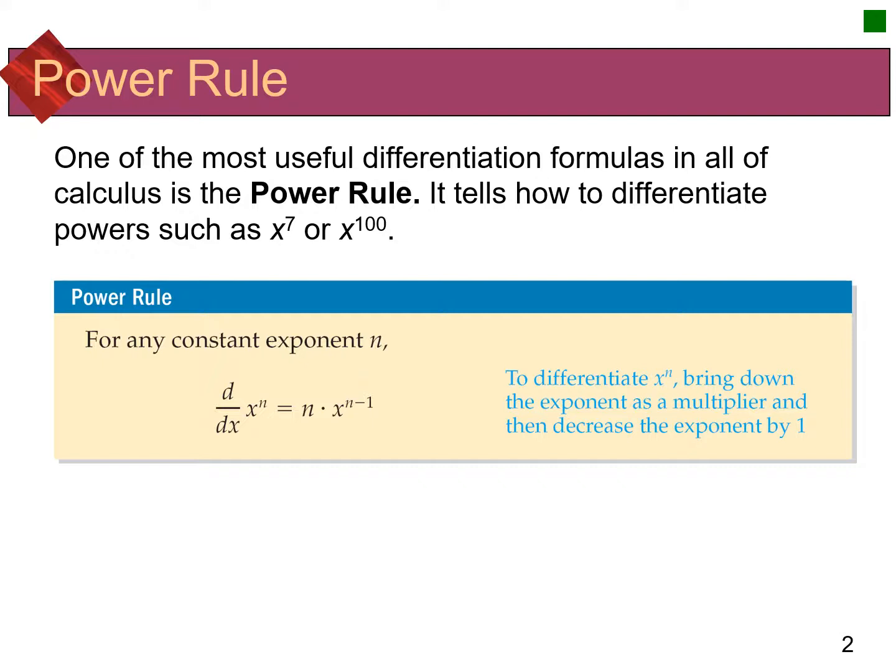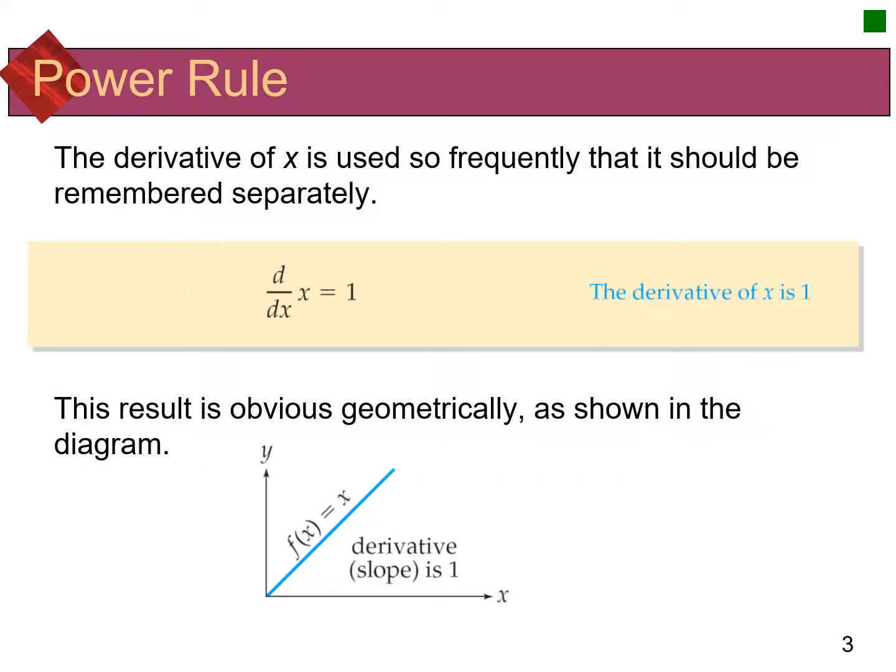So the derivative of x to the n power is n times x to the n minus 1 power. Coming from that power rule, if I take the derivative of just x, I end up with 1.